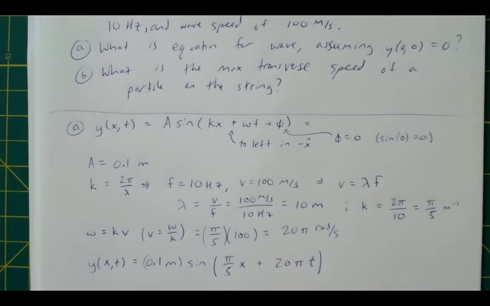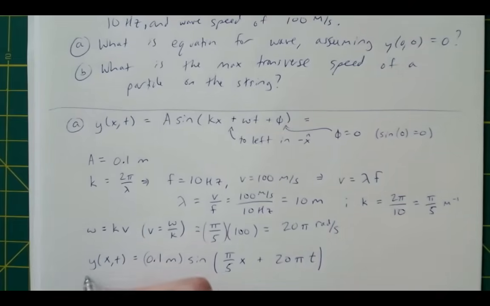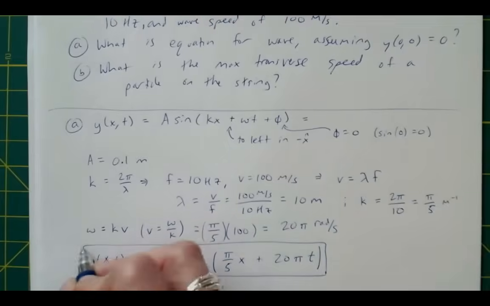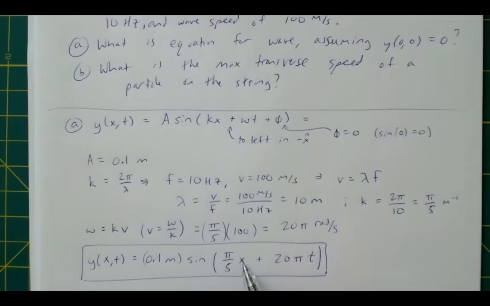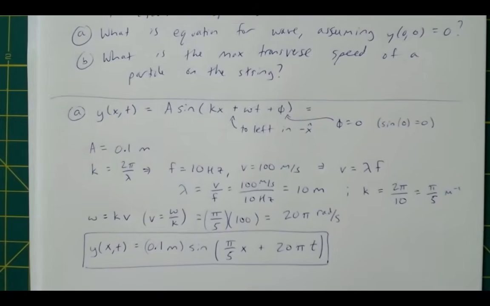That gives me my final expression for the equation of this wave, so that I could plug in any value of x and t, where t would be what time it is, and see what that specific particle is doing at that time. And so that describes fully the entire wave.